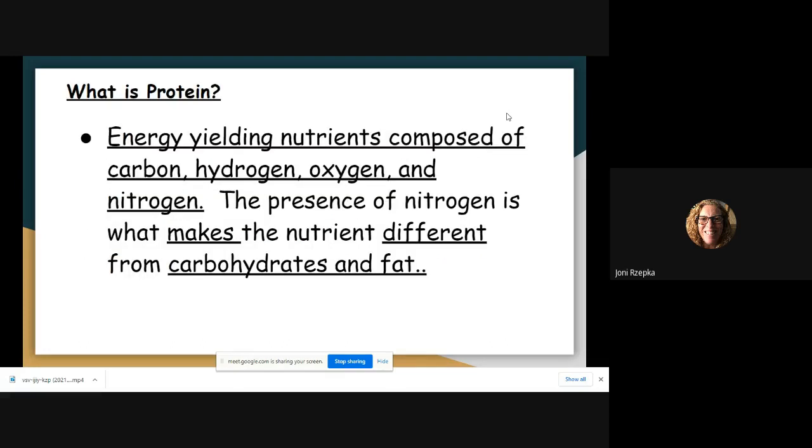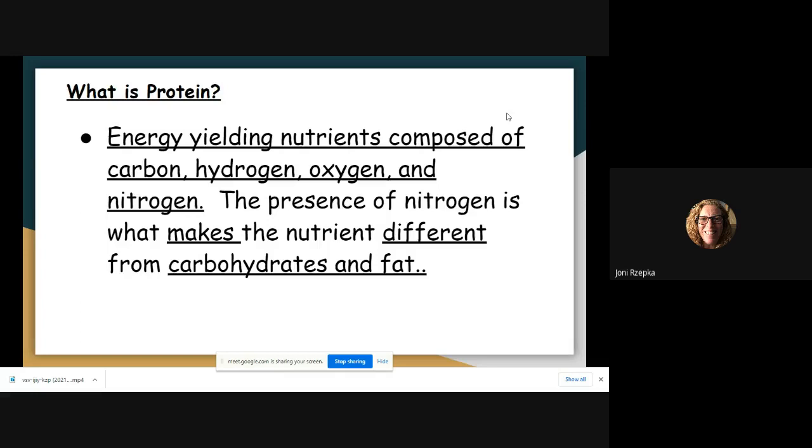Okay, so first we need to define the word protein. It is the energy yielding nutrients composed of carbon, hydrogen, oxygen, and nitrogen. The presence of nitrogen is what makes the nutrient different from carbohydrates and fats. If you remember from the previous two units, carbohydrates and fats just make up carbon, hydrogen, and oxygen.